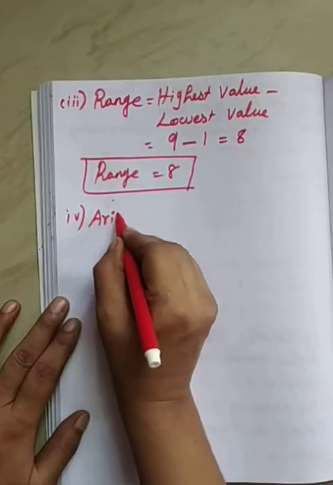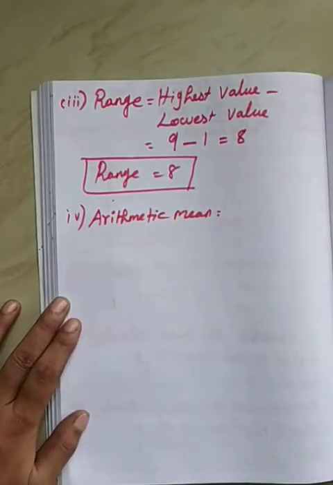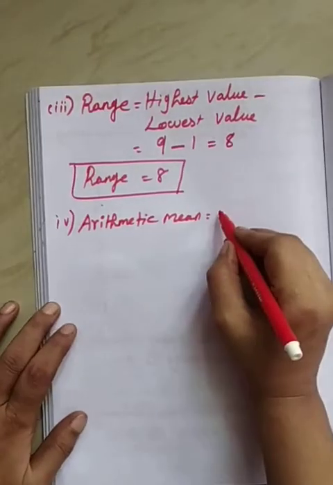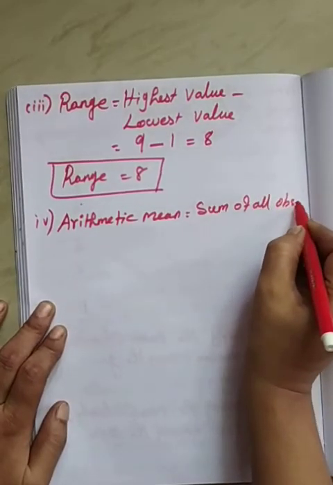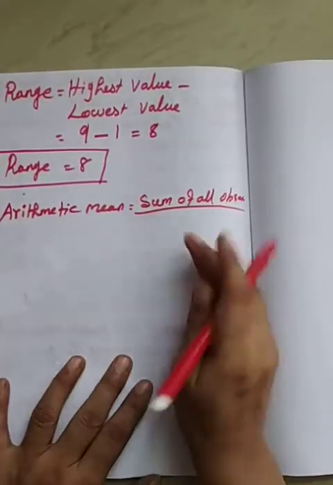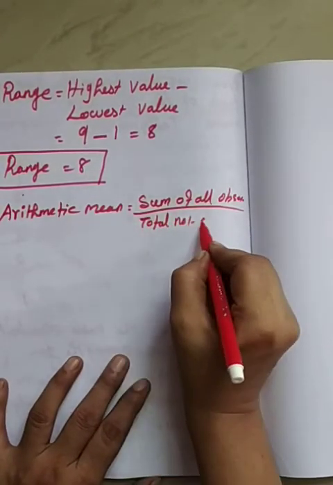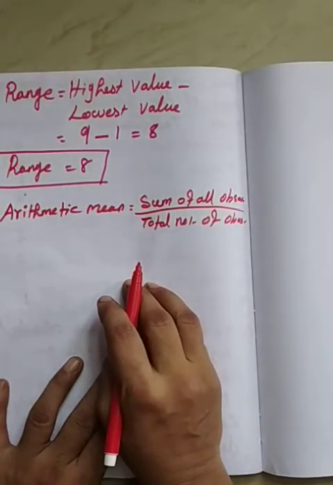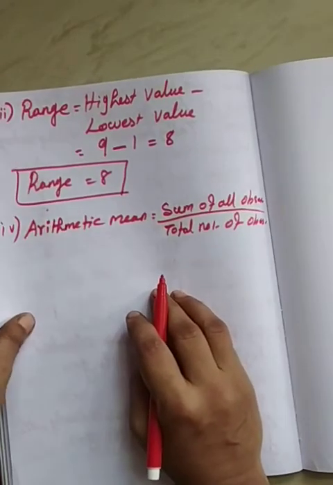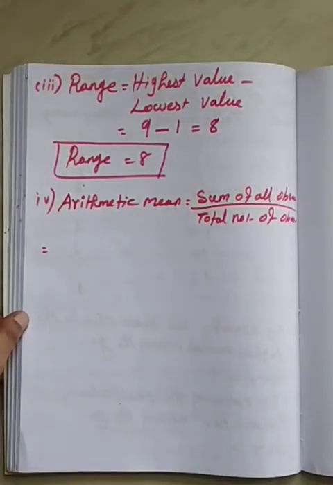Everybody knows that arithmetic mean is nothing but the sum of all observations divided by the total number of observations, right? First you have to find the sum of all observations. You can add the values.